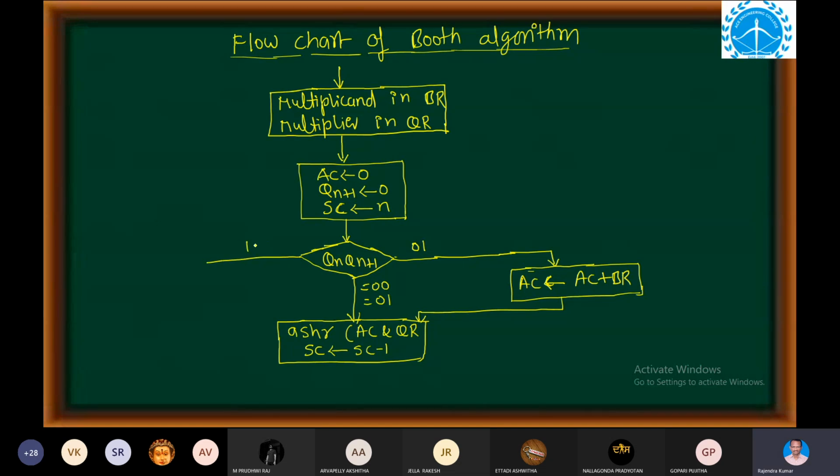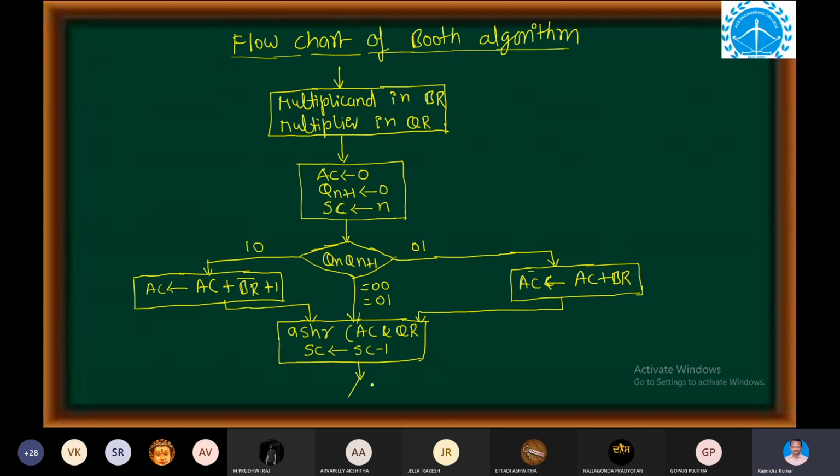So if Qn and Qn plus 1 are 1, 0, what I do here is accumulator minus BR. That means accumulator plus the 1's complement of BR plus 1. Then the same operation follows.